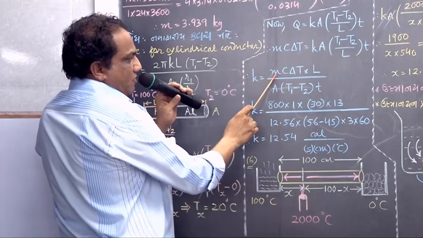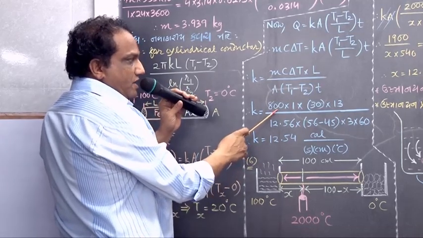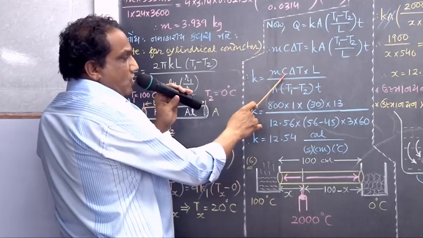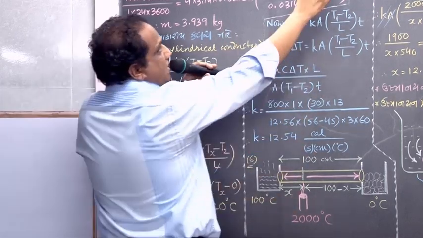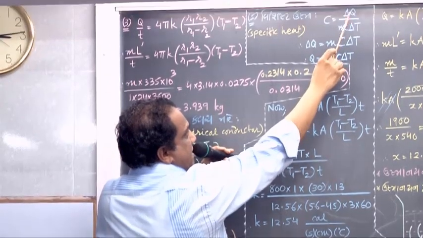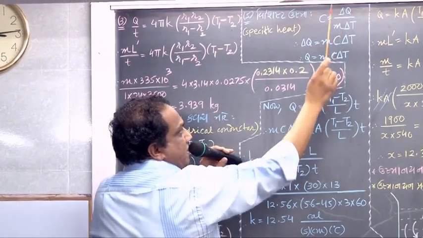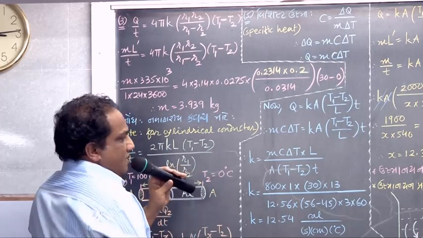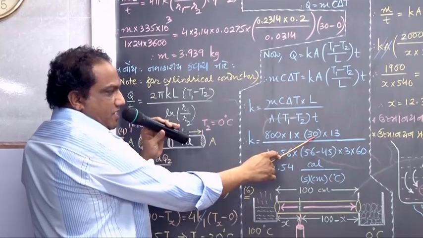What about the mass of water? Mass of water is given as 800 gram. Specific heat of water is 1 calorie upon gram degree centigrade. Here the unit is calorie, here gram, here degree centigrade. What about delta T? Increase in temperature is given as 30 degrees Celsius.